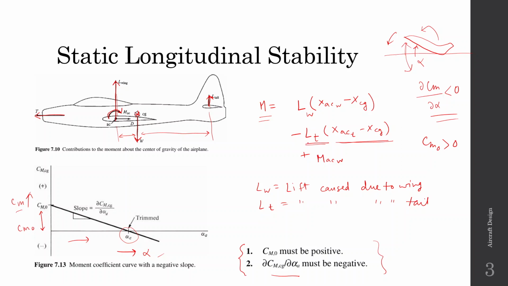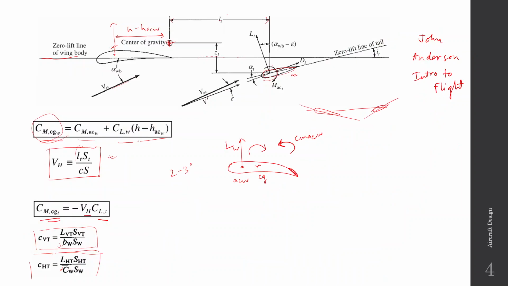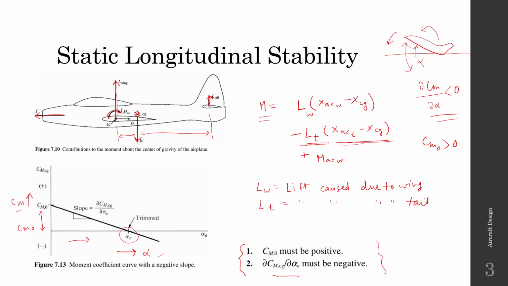See over here, this is the contribution of the tail. The lift produced by the tail will be positive, and this distance is also positive, so the moment is going to be negative. So the tail automatically satisfies the second condition, that is dCm by d alpha must be negative.